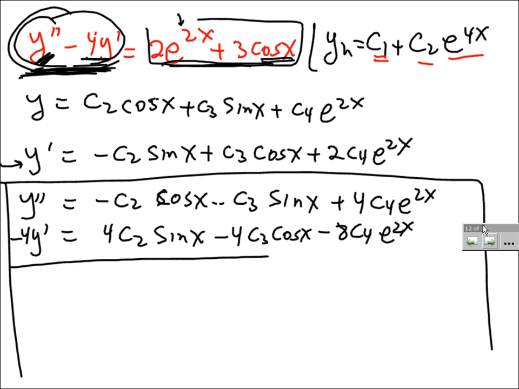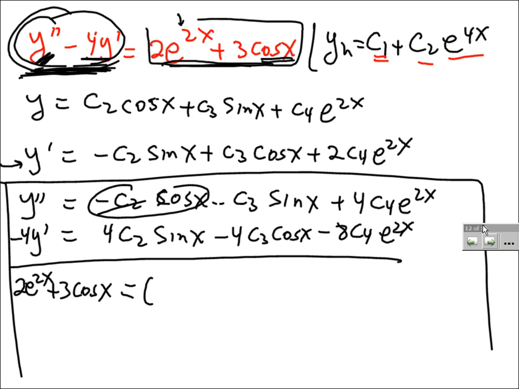When I add the left sides, I get e to the 2x plus 3 cosine x. Now let's add the right side. Let's combine cosine x's first. I have negative c2 cosine x's, and I am adding negative 4c3's cosine x's.